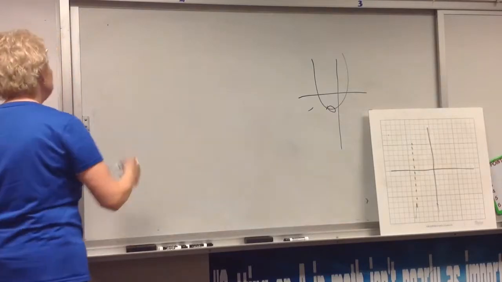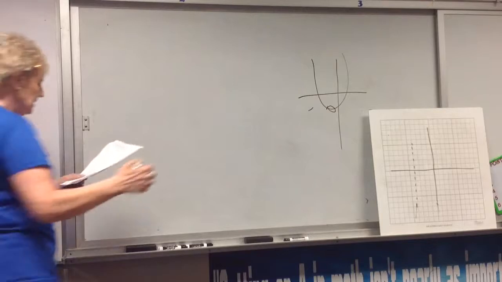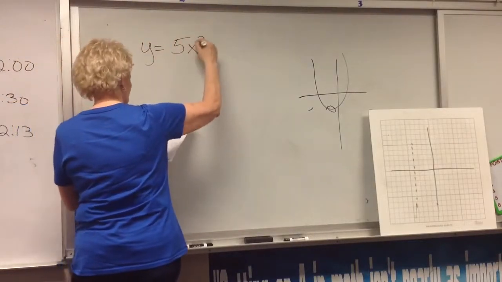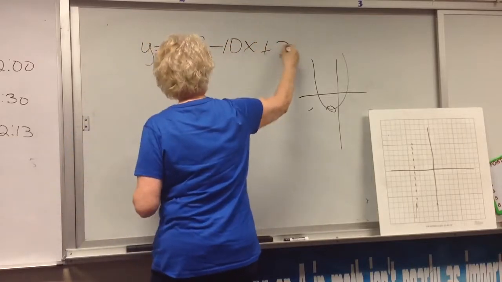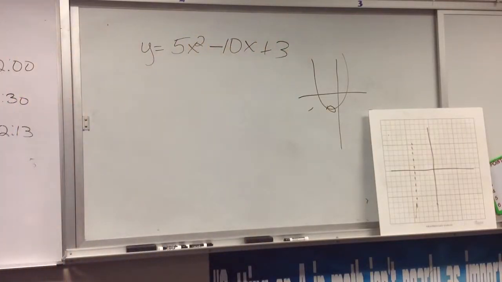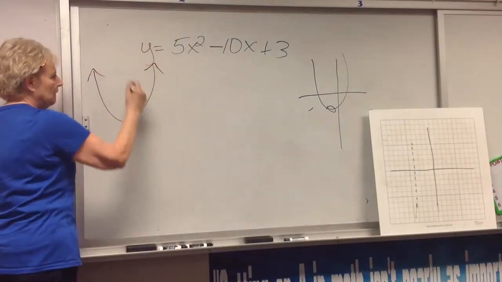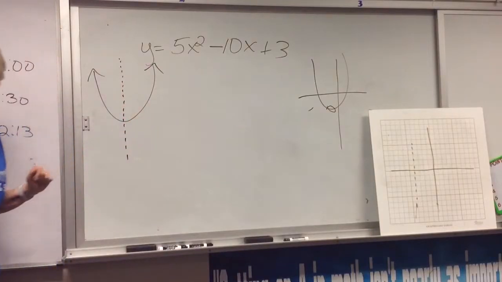Okay, let's do another one. Wait a minute, I got a good one. y equals 5x squared minus 10x plus 3. I know that I have a parabola that goes like this. The first thing I'm going to do is find the axis of symmetry.